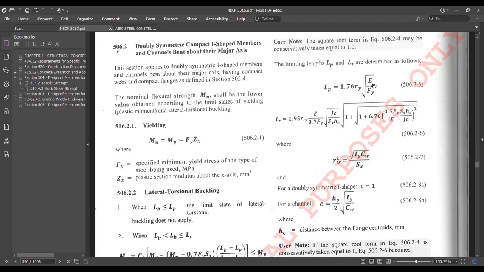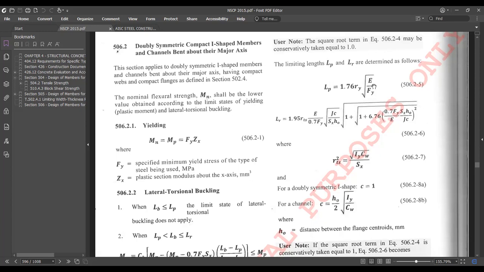And we have the formula for LR, which is equals to 1.95 RTS E over 0.7 Fy, then square root of J times C all over SXHO, square root of 1 plus square root of 1 plus 6.76 multiplied by 0.7 Fy E times SXHO all over JC squared. Okay, so that will be our formula for LR.